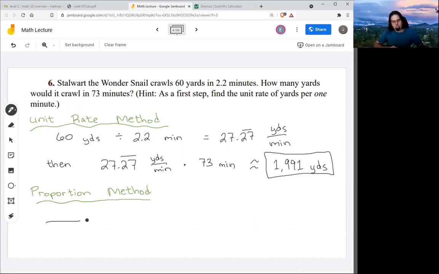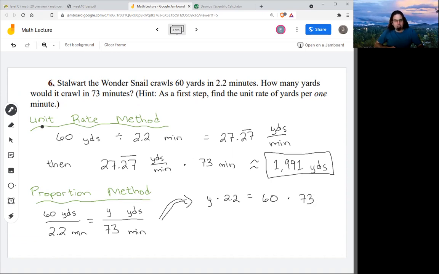So first situation is proportional to second situation. The first one had 60 yards and 2.2 minutes. The other one has to have yards on top and minutes on the bottom. The 73 minutes is what we know, so the yards we're looking for. So when I cross multiply, we're going to get y times 2.2 equals 60 times 73.